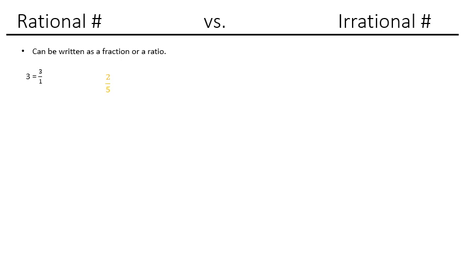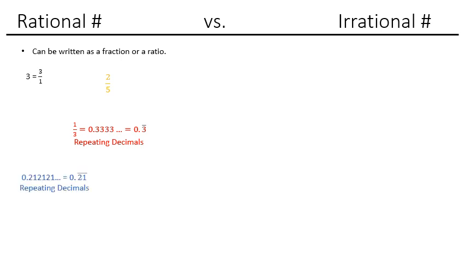A regular fraction, 2/5, is also a rational number. You also have rational numbers that you might see as decimals. If you have a repeating decimal, for example, 1/3 is 0.333333 forever, and you can often see that written with a bar over it, 0.3 with a bar, which means it's a repeating decimal, and that is also a rational number.